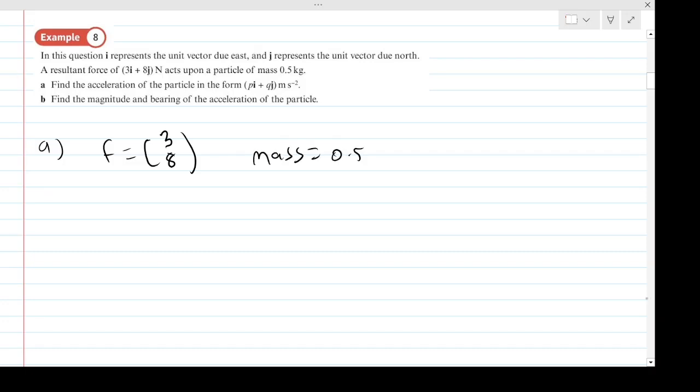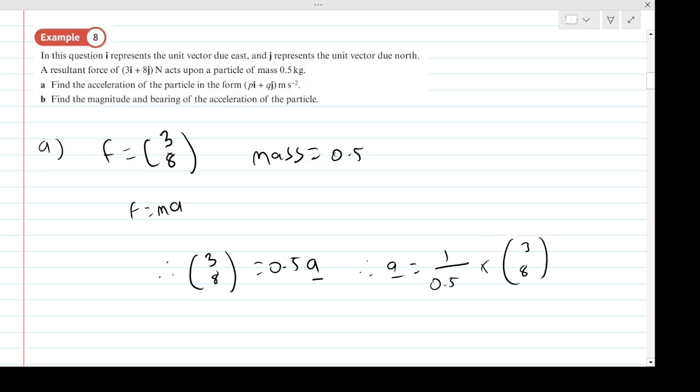So again, F equals ma. Then we can find the acceleration. If we substitute our values in, then the force as a vector is (3, 8) equals 0.5 lots of a. So then we can divide by 0.5 to get a is 1 over 0.5 times the vector (3, 8).